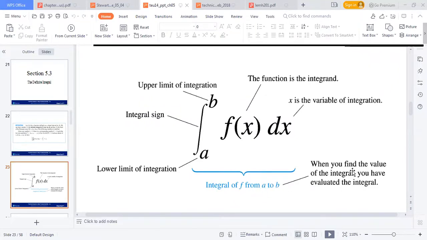When you find the value of the integral, you have evaluated the integral. That means if you get a definite value, it gives an evaluation of the integral. So this is the notation for the definite integral.